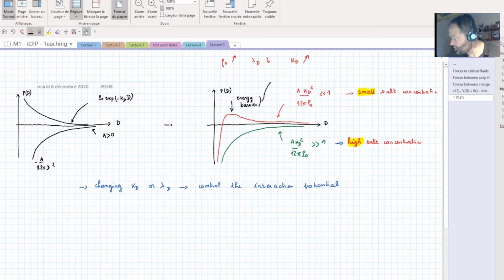So we'll have an electrostatic stabilization of the van der Waals attraction, or electrostatic, let's say, compensation.